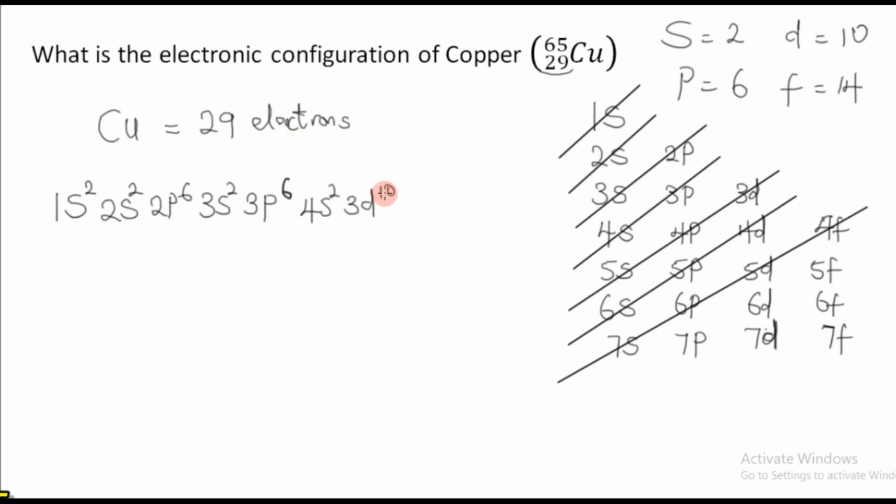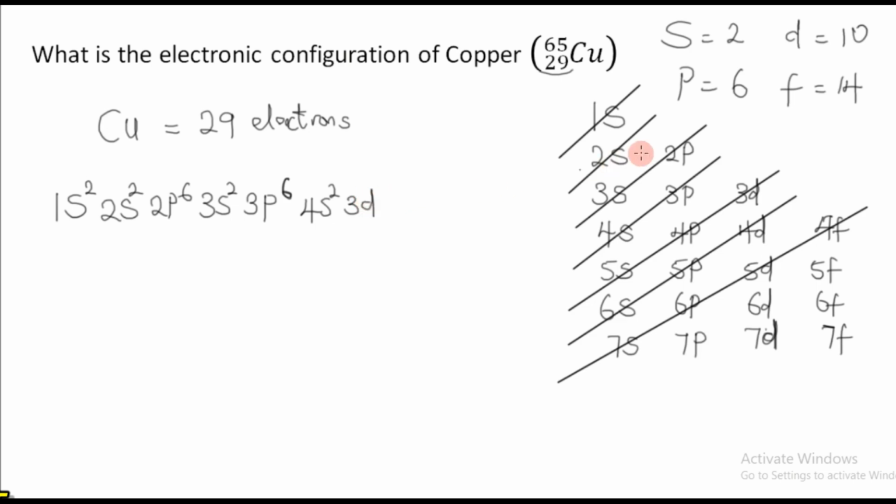So I will clean this 3d10 off. The number of electrons that I have here: 2 plus 2 is 4, 4 plus 6 is 10, 10 plus 2 is 12, 12 plus 6 is 18, 18 plus 2 is 20. So the number of electrons that I have remaining is 9, because I have 20 already.